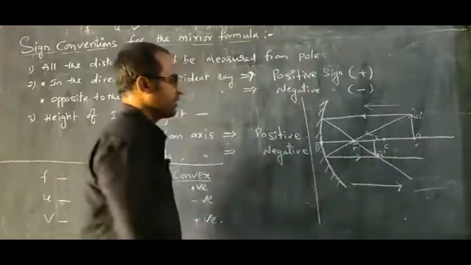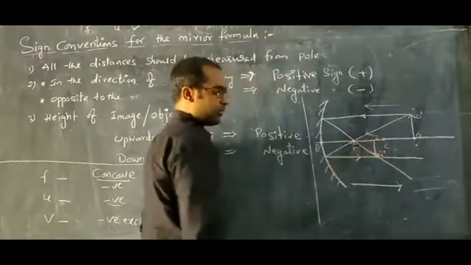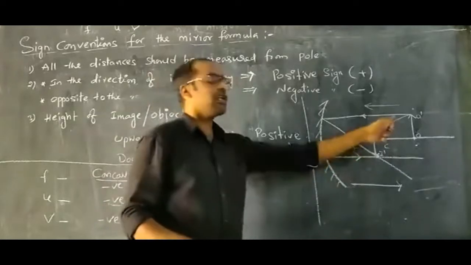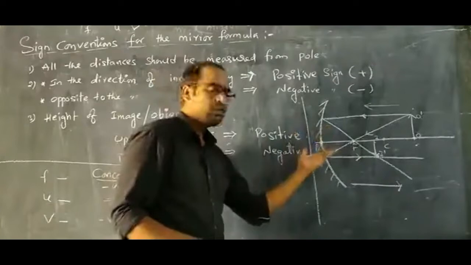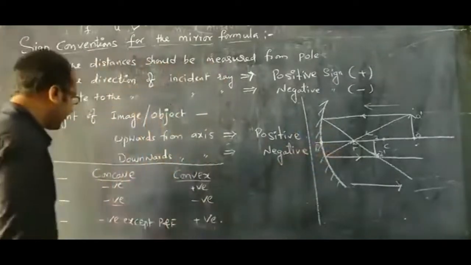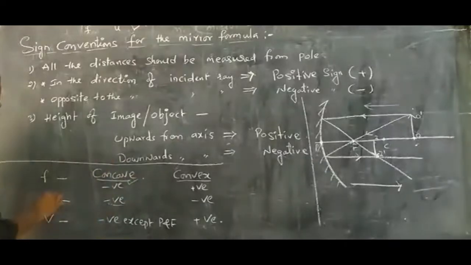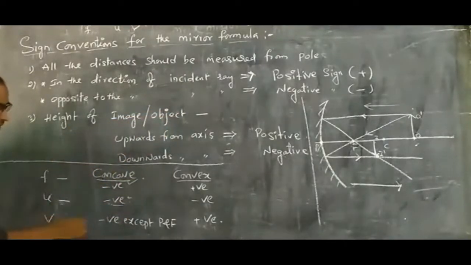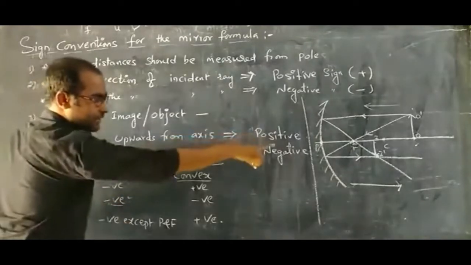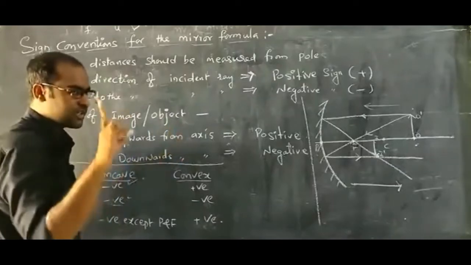And next, image distance. Image distance we also measure from pole to image, from mirror to image. In this direction we measure, and the direction of incident ray is like this. So that is also negative. For concave mirror, focal length is negative, object distance is negative, and image distance is negative, except one case. What is that case?